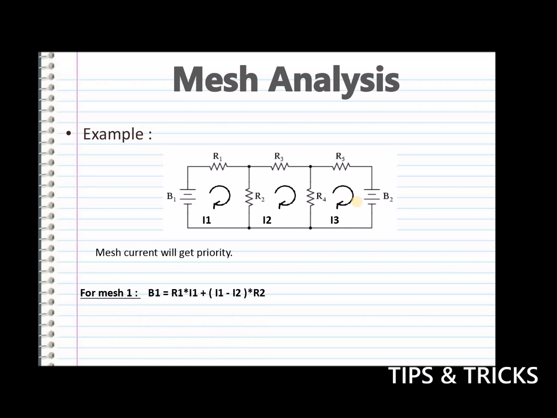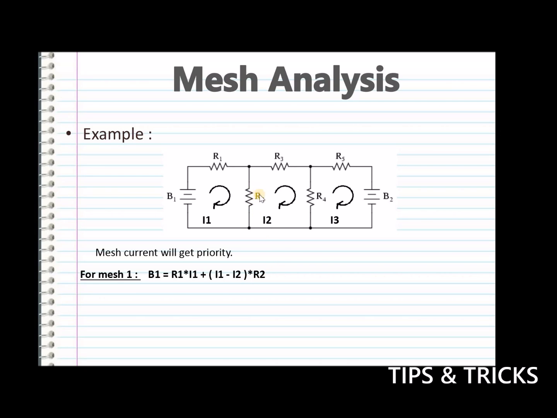For the first mesh, we will apply KVL. So, there is only one voltage source V1. And from Ohm's law we all know that V equals IR. So using this law we will convert the current through the resistance into a voltage. So, V1 equals R1 multiplied by I1 plus (I1 minus I2) multiplied by R2.